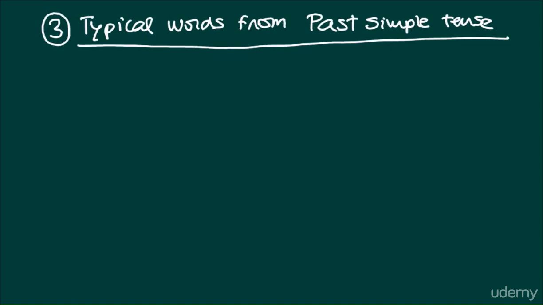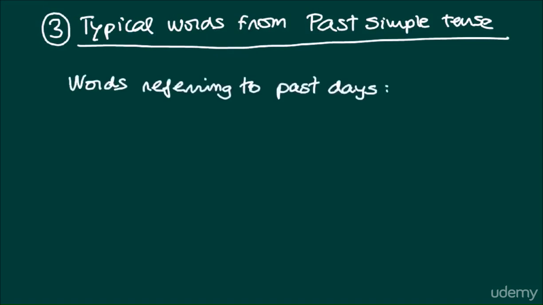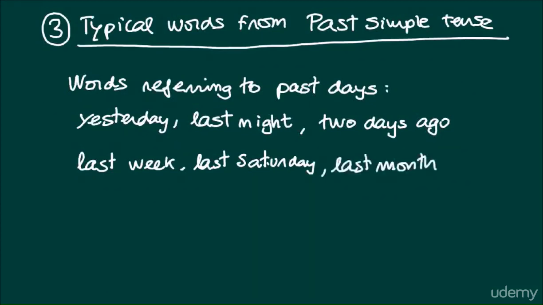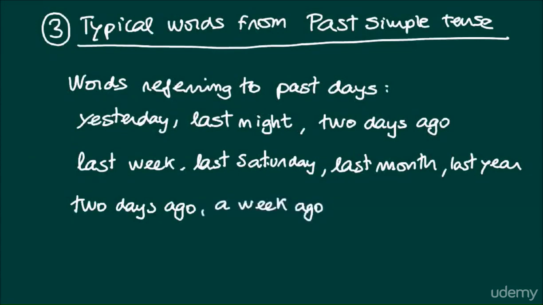As we use the past simple to tell actions that finished in the past, the typical words for the past simple are words that refer to the past days, like yesterday, last night, 2 days ago, or any other words with last week, last Saturday, last month, last year, or any other words with ago, 2 days ago, a week ago, a month ago, a year ago.